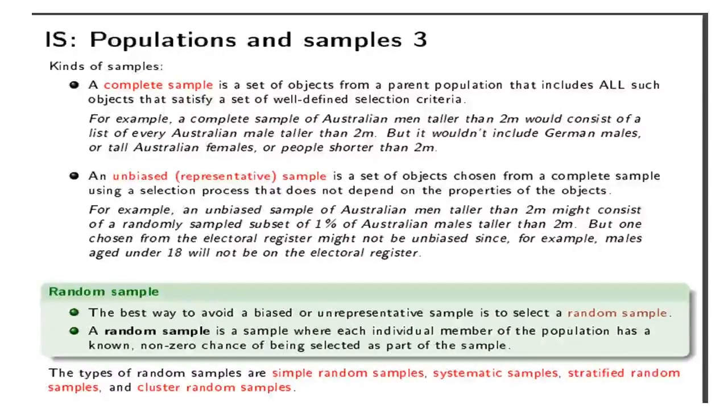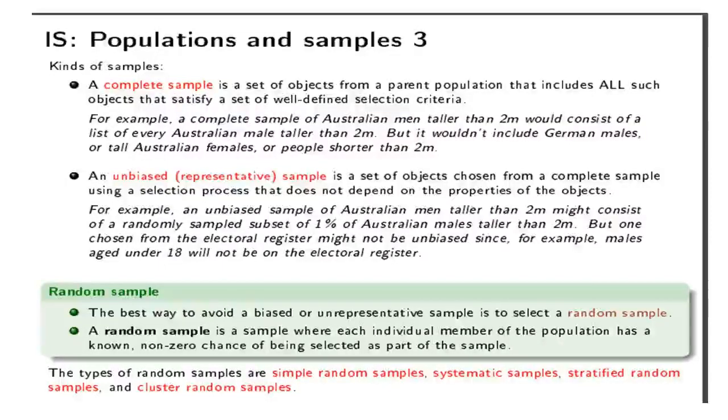For example, a complete sample of Australian men taller than 2 meters would consist of a list of every Australian male taller than 2 meters, but it wouldn't include German males or tall Australian females or people shorter than 2 meters. So it's a complete sample. This example tells us the nature of a complete sample.